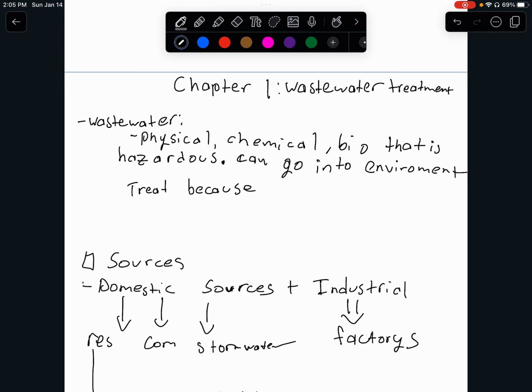The reason we treat this is because we want to protect ourselves. So protection from our safe environment. So protection of water, the environment, so I'm putting an arrow here, as well as we have to meet legal laws. We have to meet our legal laws because this is important for safety, but also meeting the right laws. So we have to make sure that this is as safe as possible, right?